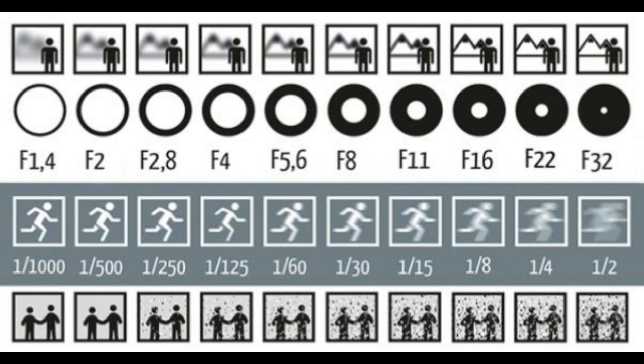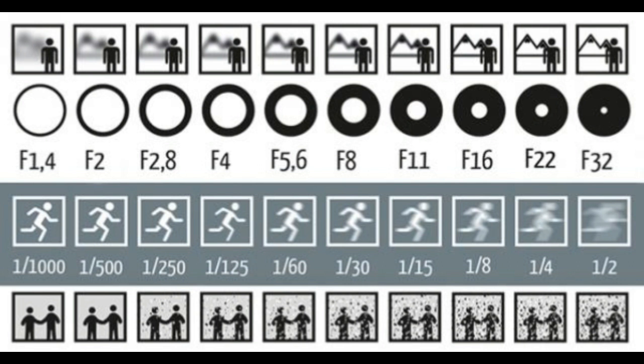Then the lower part of the picture shows how the noise will be in the picture. In this case, ISO will be very low, because you have enough light and you don't need to increase the ISO, so your picture will be less noisy. Let's go to the last column of the picture.